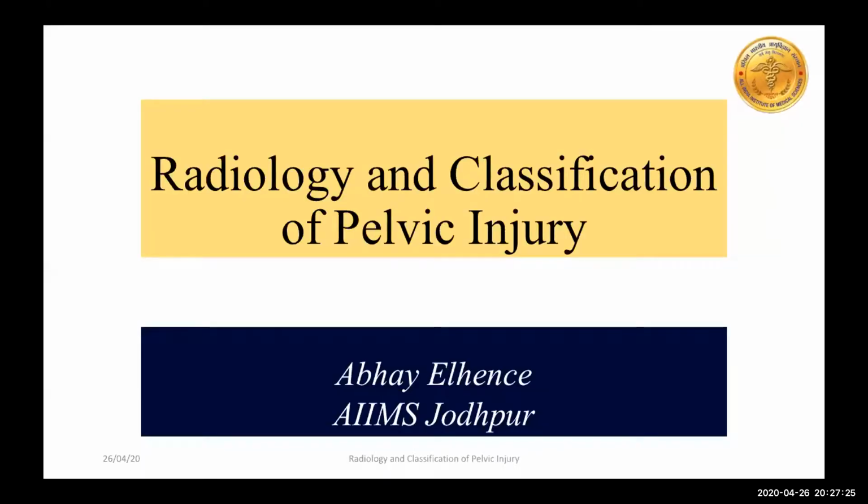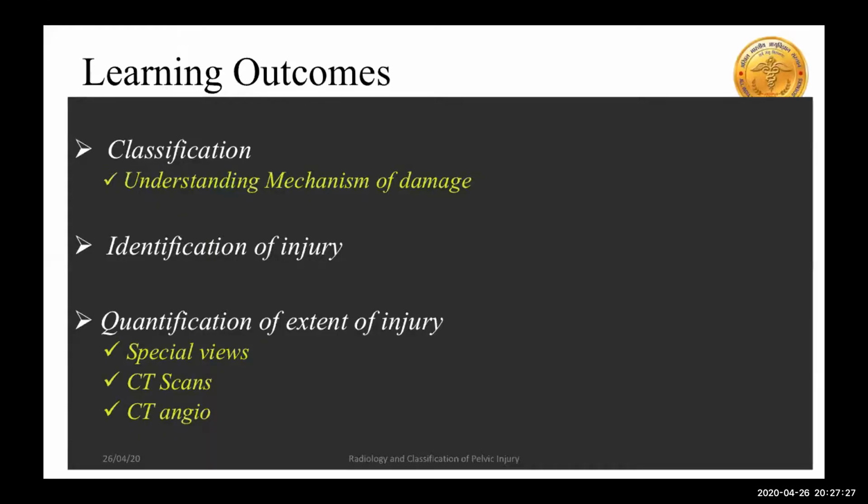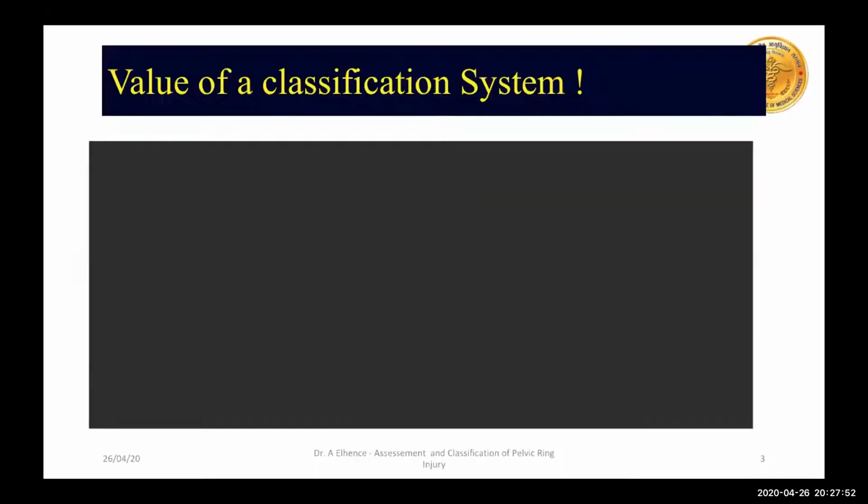All right, so once we have a stable patient, the important thing we need to understand in the coming 10 minutes is why classify. The value of a classification system is that it explains the mechanism of injury, and it quantifies the level and severity of damage, where we need special views and special scans like CTs and CT angios for these patients.